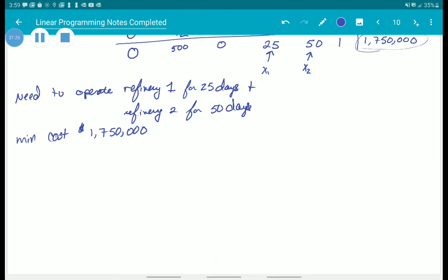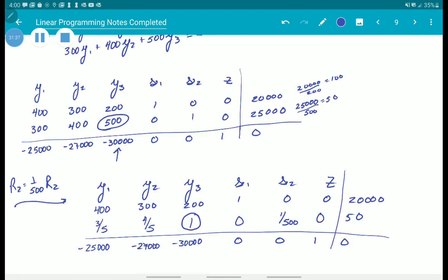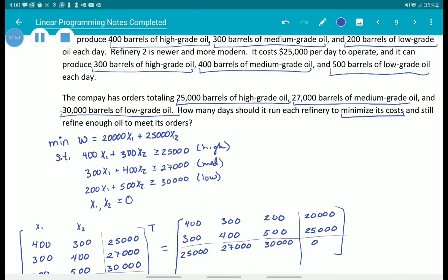Now if we wanted to figure out, are we going to produce more than what we need, we can by using these values in the original equations. So just for fun, I'm going to recopy those original equations.